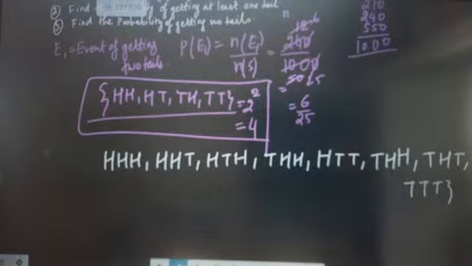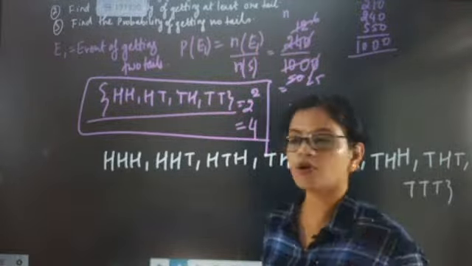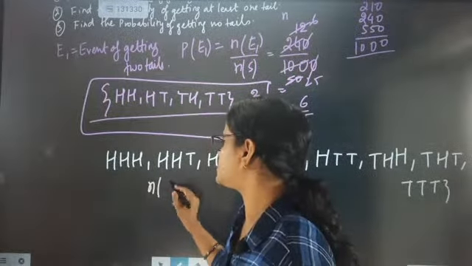So these are exactly 8 possibilities. Since 8 possibilities are coming, the sample space will become 8.